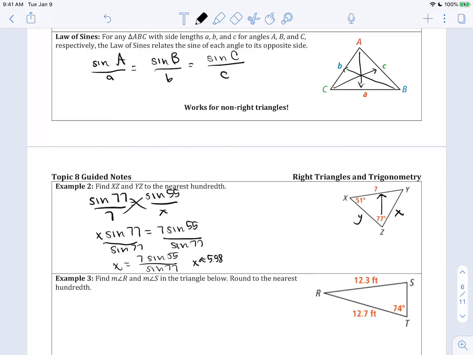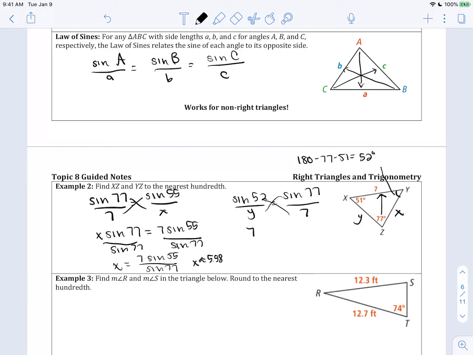Now for y, we don't have this angle measure filled in there, but we can find it pretty easily by doing 180 minus 77 minus 51. When I subtract those, I'm left with 52 degrees for the measure of angle y. So I can say sine 52 over y equals sine 77 over 7, right?